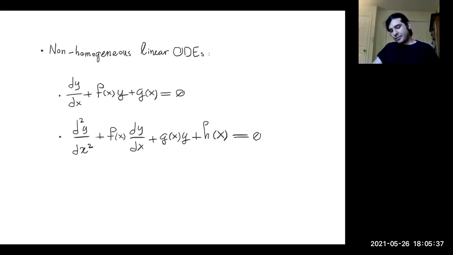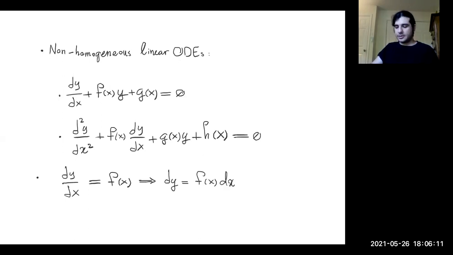The simplest example, let's look at a very simple example which we can solve without any specific knowledge of any technique. So for example, dy/dx, suppose, is equal to just f(x). Well, this is non-homogeneous, but it's very simple to solve. Suppose we want to solve this one. So what are we going to do? Well, we are going to just separate the variables. That would be our first step, like the previous examples we saw.